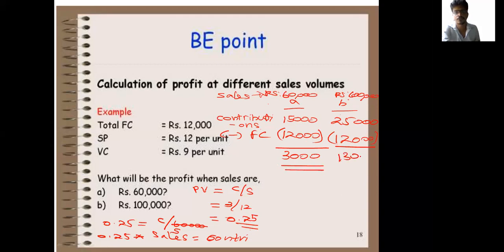Here profit for B is that. Yes, good. If you have any doubts now, you can ask.